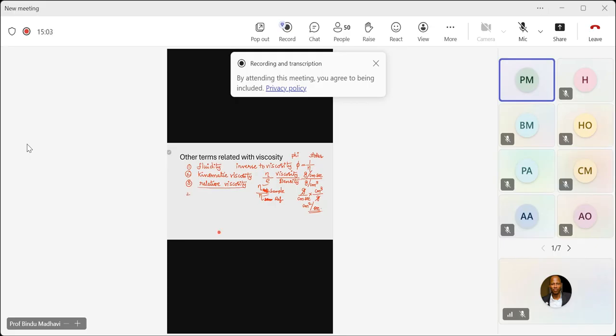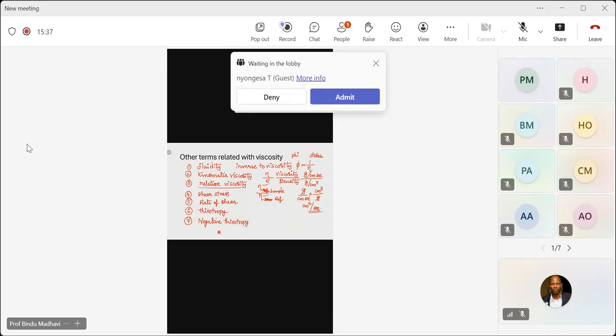We already know the other terms: shear stress, rate of shear, thixotropy, and another addition is negative thixotropy or rheopexy.